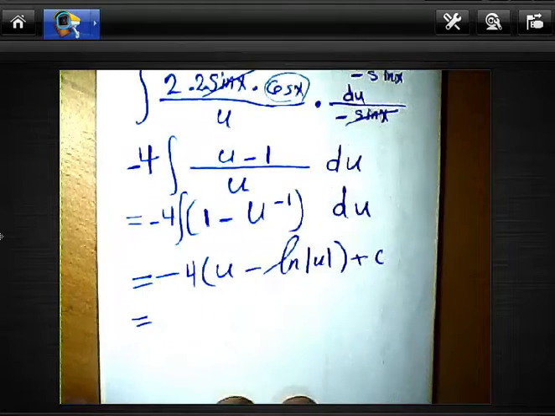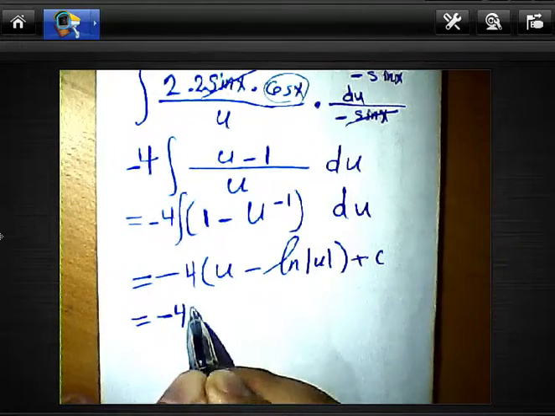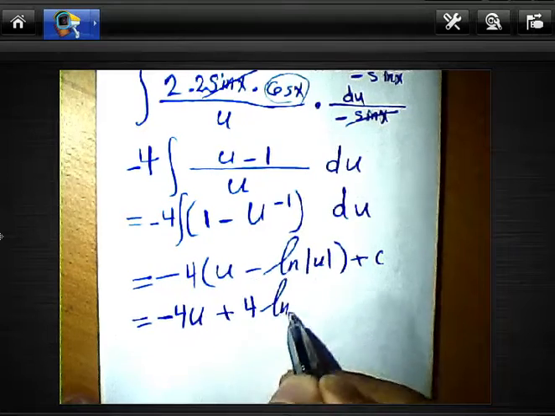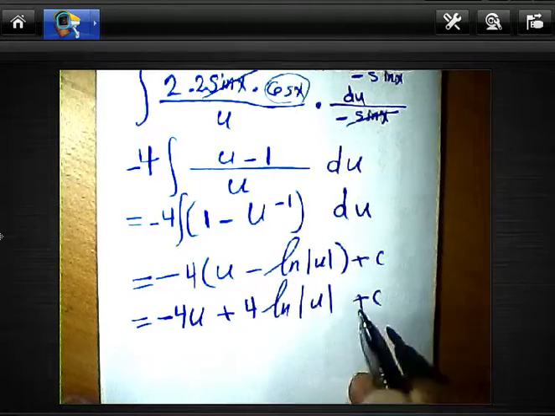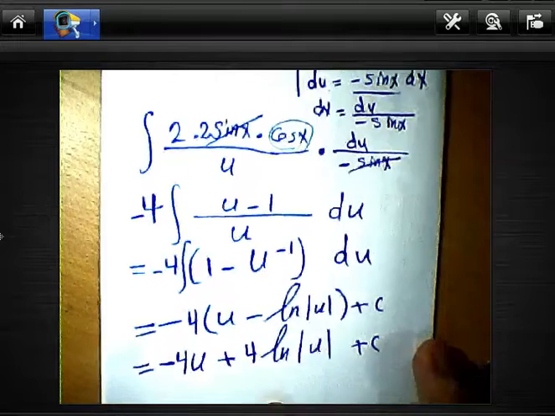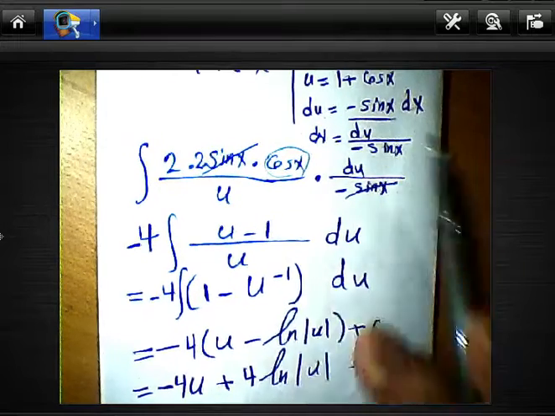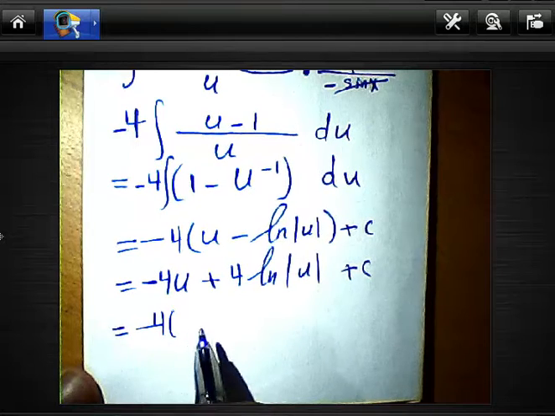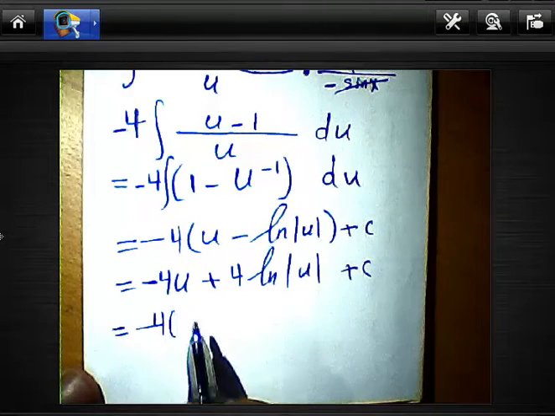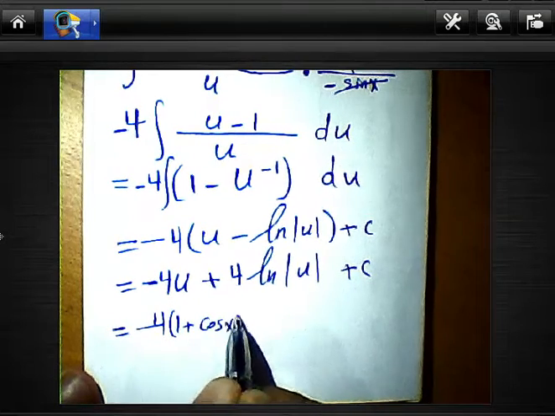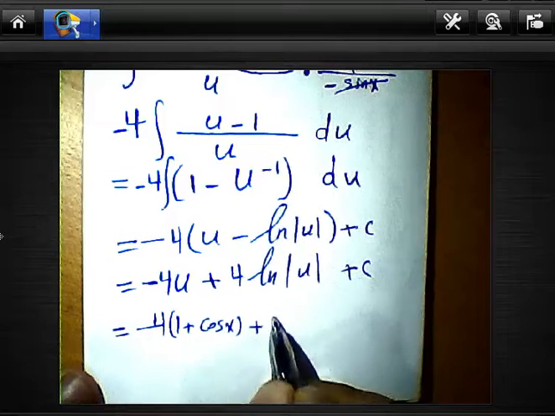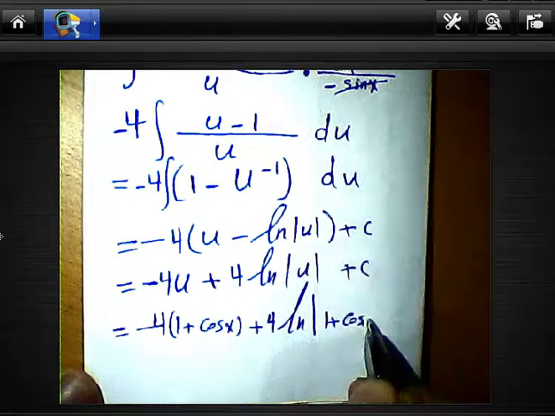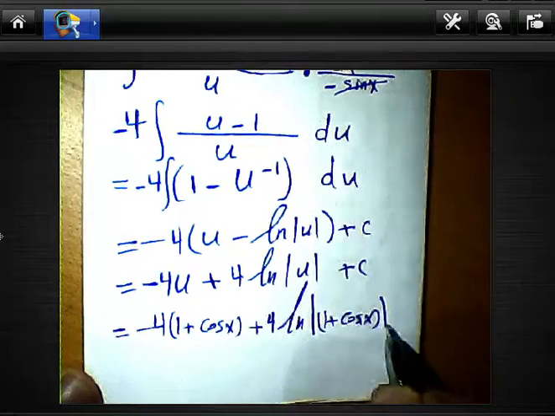We can complete it: negative 4 multiplied by u plus, negative times negative equal positive, 4 ln absolute value of u plus constant. We can write u equal 1 plus cosine x, so the result will be negative 4 multiplied by (1 plus cosine x) plus 4 multiplied by ln absolute value of 1 plus cosine x plus constant.